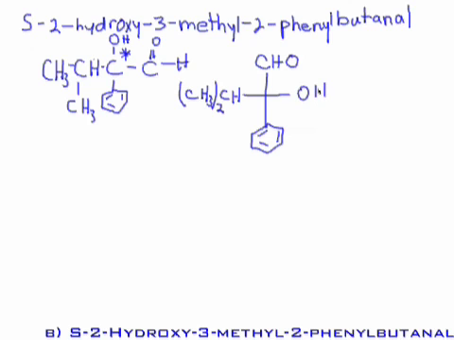So now I can begin my prioritization. Oxygen is higher atomic number than carbon, so OH is 1. And then if I have a tie, I must proceed out the chain. I have a carbon, a carbon, a carbon. This carbon has an oxygen. The other 2 only have carbons, so the aldehyde group becomes number 2.